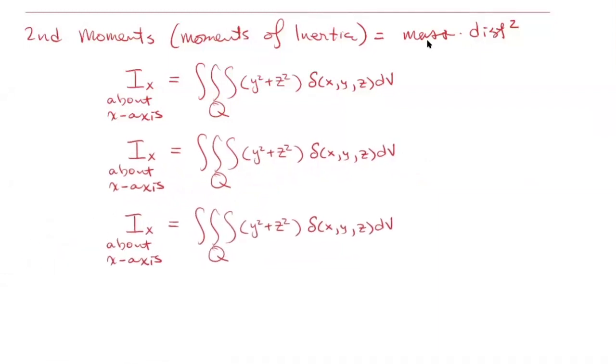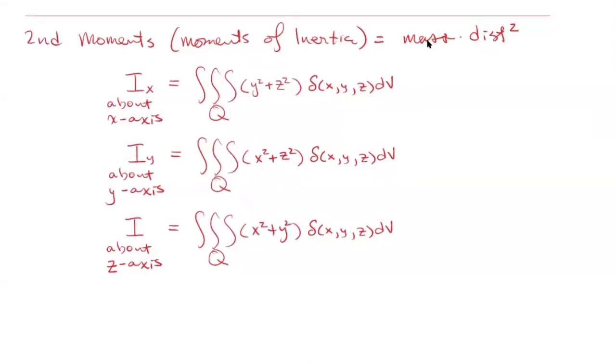So there will be an IY and an IZ. Moment about the y-axis is IY, and that has an x squared plus z squared for the distance squared. And the moment about the z-axis, the distance squared to the z-axis is x squared plus y squared. Okay, so those are the second moments.